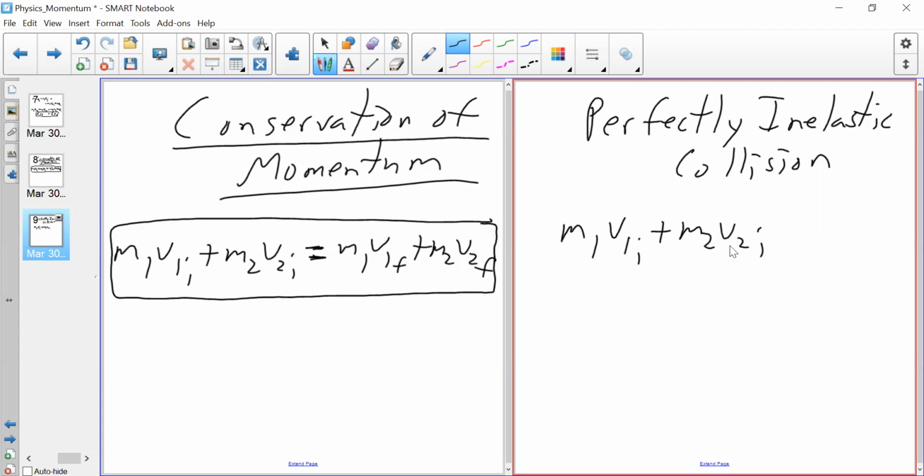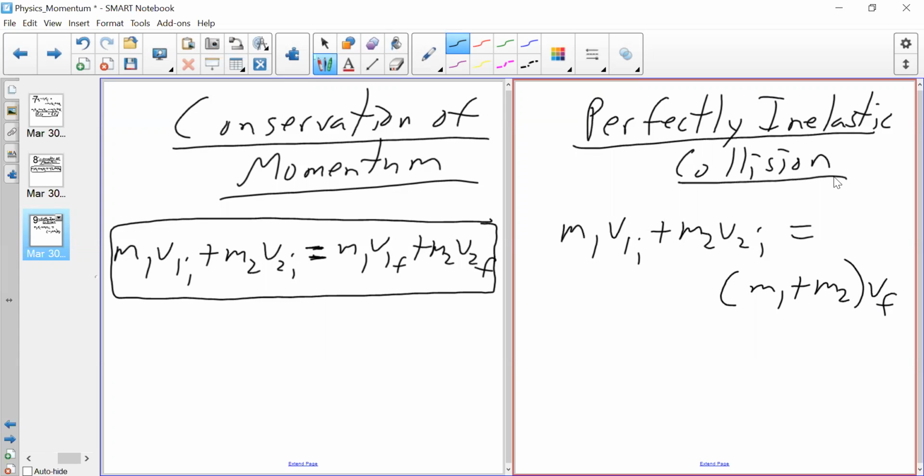It could be object one, object two, but then they will hit and stick. That's the equal sign, hit and stick together. That means that they're going to have a combined mass at the end, moving with one common speed. That's why this VF has no subscript, because they're moving together. This is a perfectly inelastic collision.